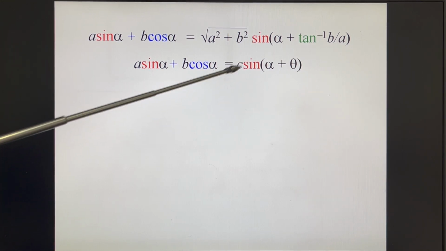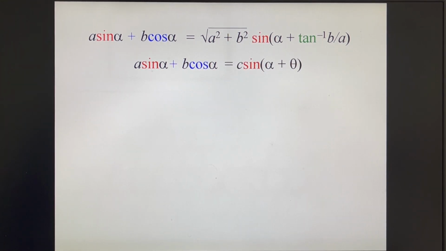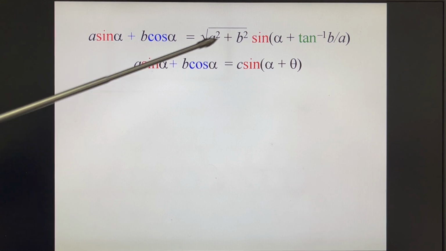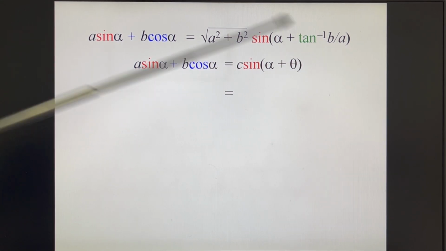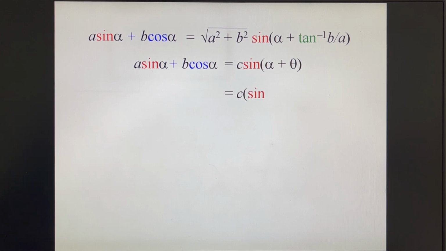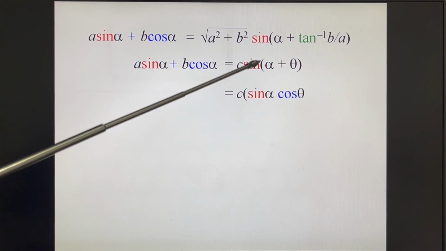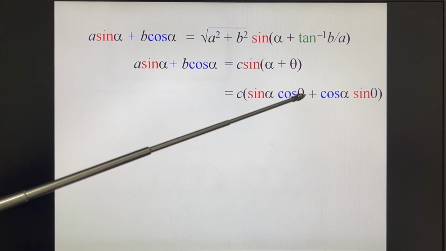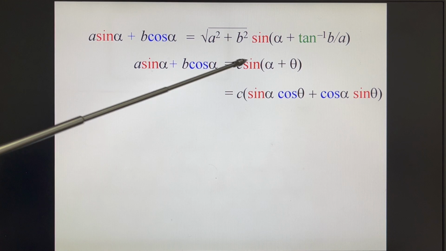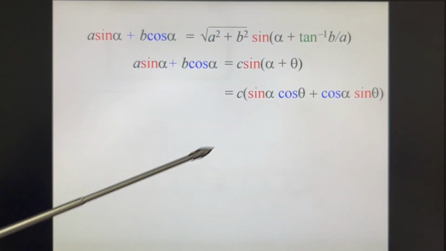Here, C and theta are two constants to be determined. How do I do? I just expand sine alpha plus theta. Sine alpha plus theta equal to sine alpha cosine theta plus cosine alpha sine theta.